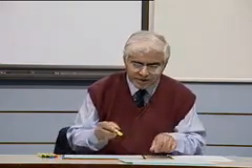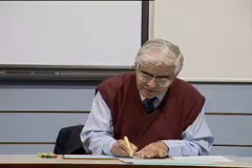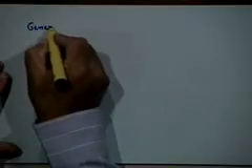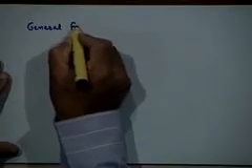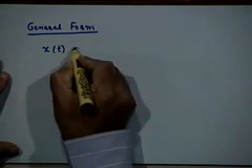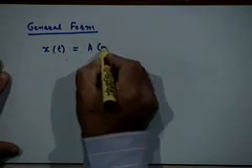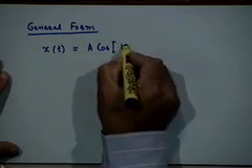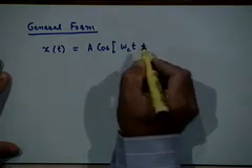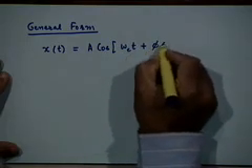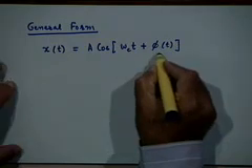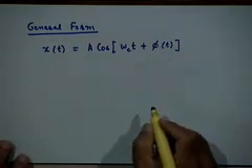So if you were to write down an expression for a general form of the angle modulation, you could say that your modulated signal x of t now is a cosine of omega ct plus a phase function which is time varying.